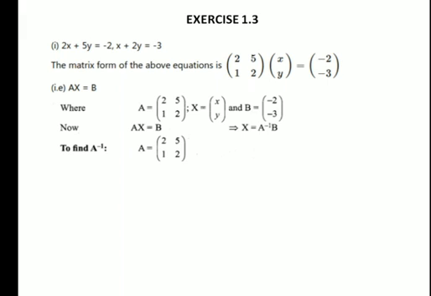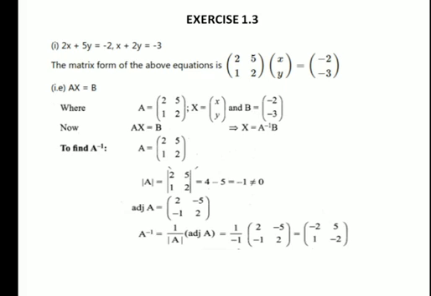Next, to find A inverse first, A equal to 2, 5, 1, 2. A modulus equal to minus 1, not equal to 0. Then adjoint of A is 2, minus 5, minus 1, 2.